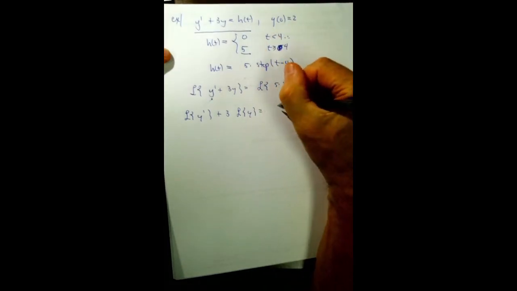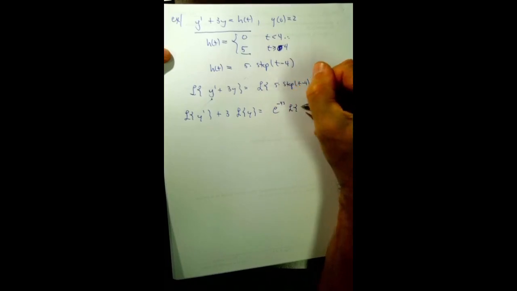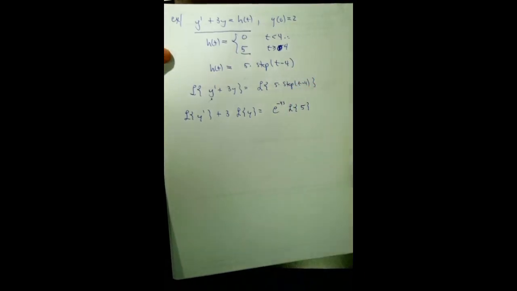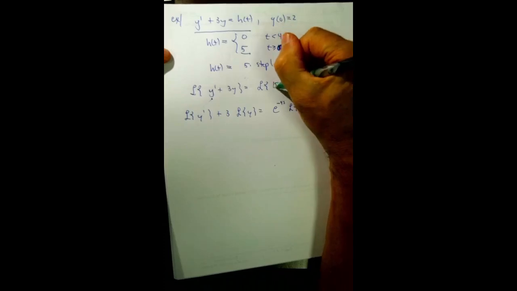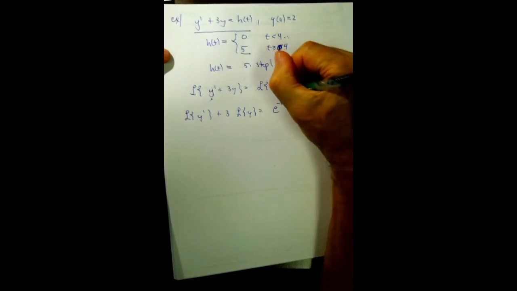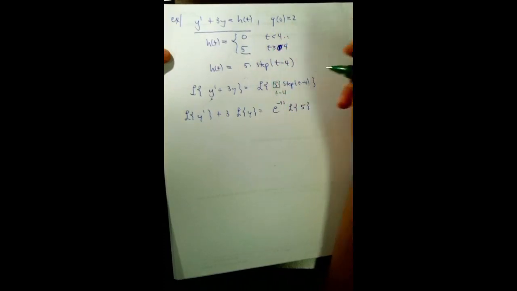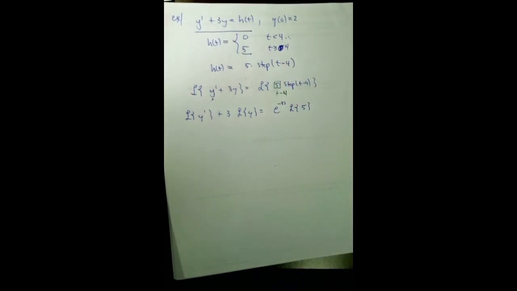And this is going to become e to the minus 4s times the Laplace transform of 5. And notice I don't have a t in there, so I don't have to worry about any of the t minus 4 nonsense. So this is a special case. Just be very careful about that.